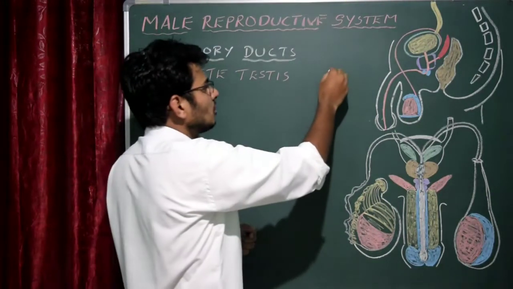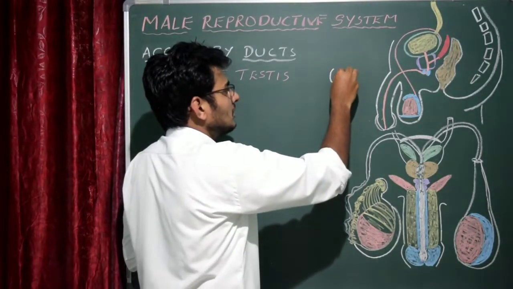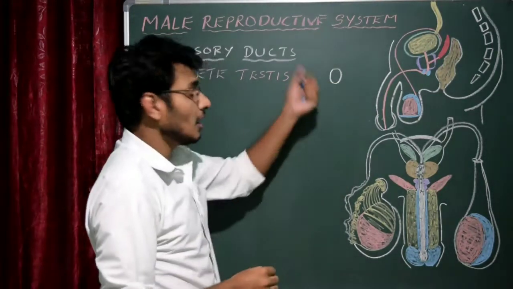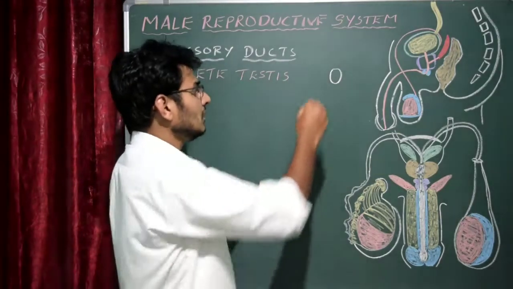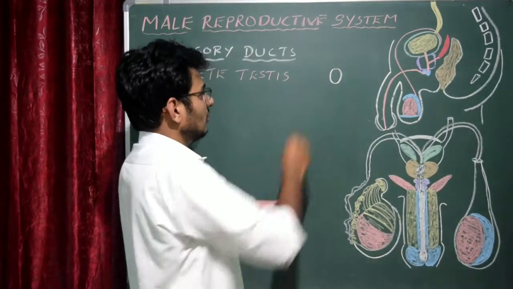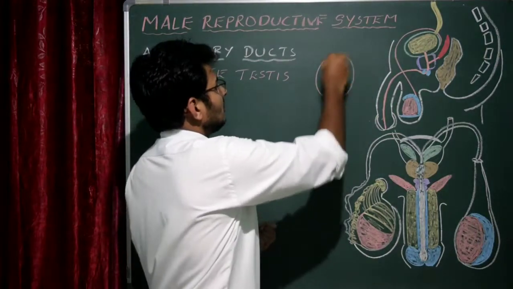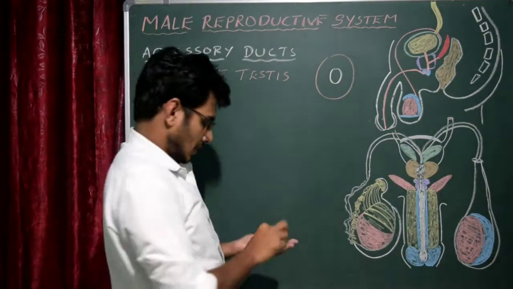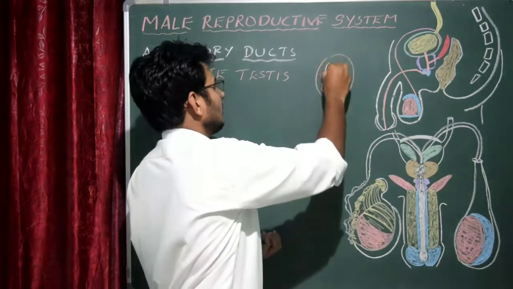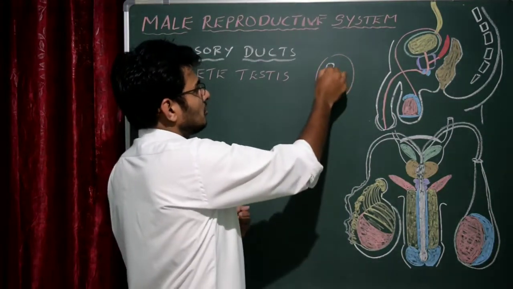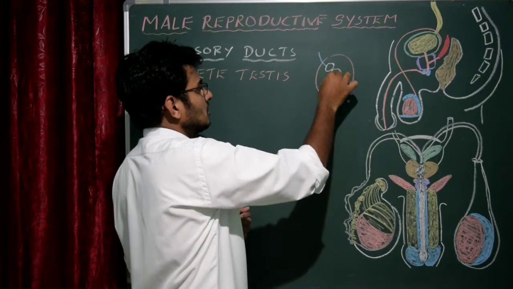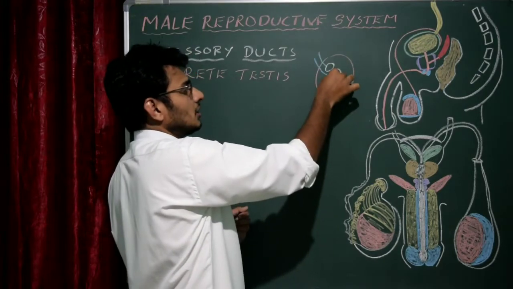If I draw one seminiferous tubule, I'm using white color here. Earlier I used green color. This is one seminiferous tubule present within the compartment, that is the testicular lobule. We just draw 3, and each is the site of spermatogenesis. Now I am using blue color. See the pipe system which is attached to this particular seminiferous tubule.